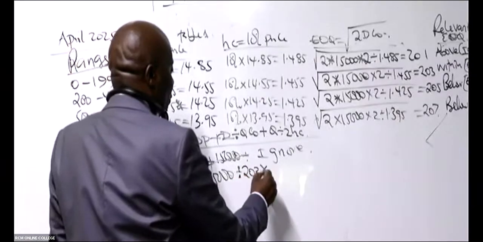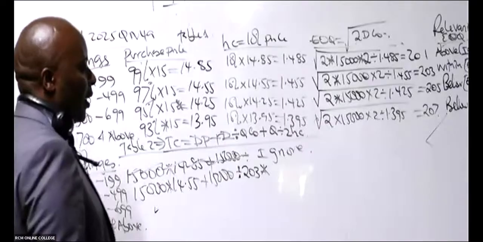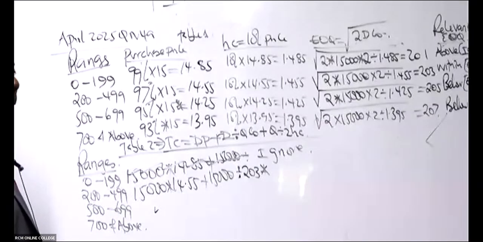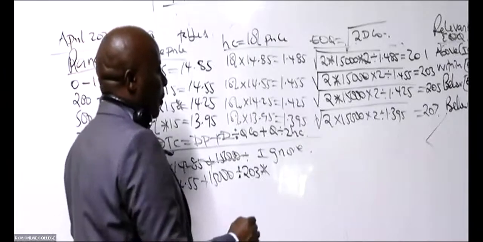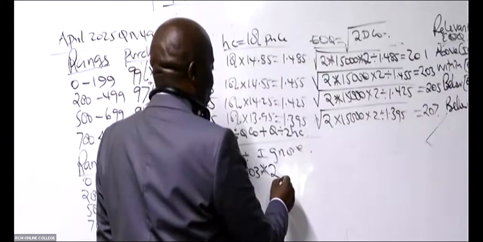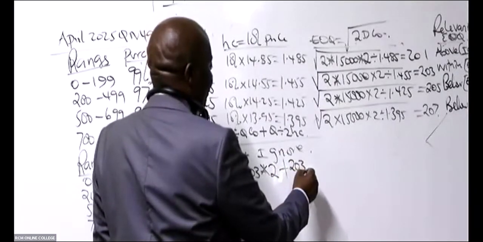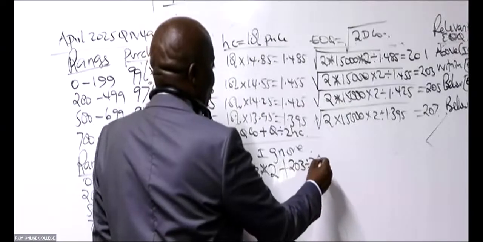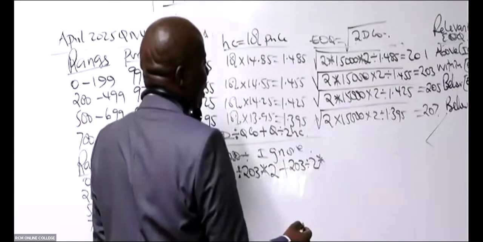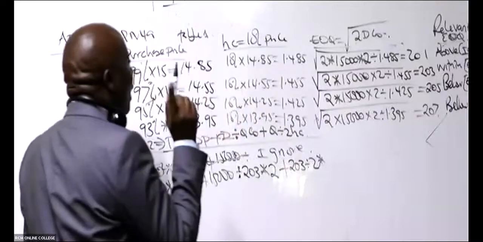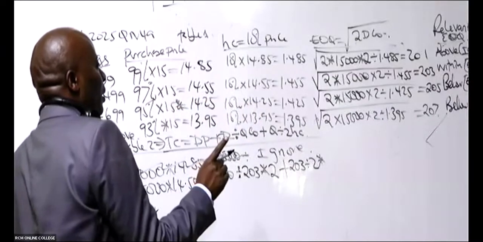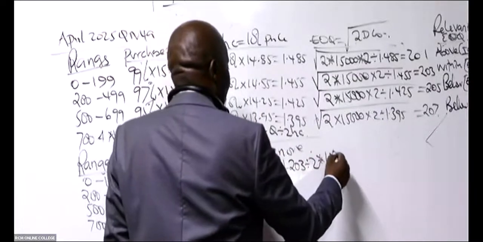Times cost per order. What is the cost per order? Cost per order, it is 2. Plus Q over 2. Q is 203. Divide this by 2, times HC. HC for the second class, remember, it's 1.0 what here, somebody?